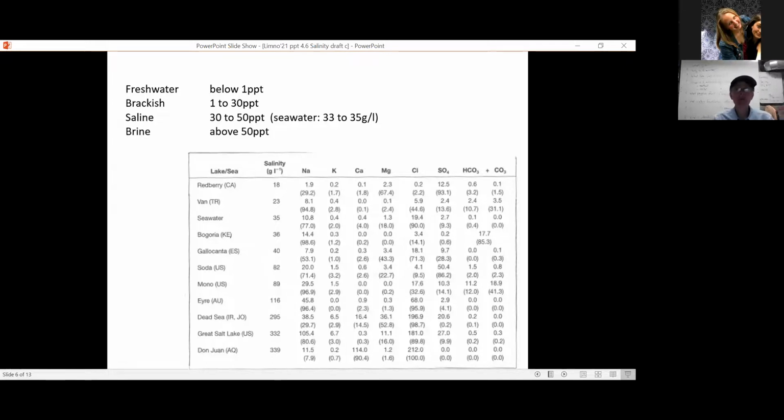Let's look at some lakes and let's see, what's our question? How does it vary? I think we've mentioned how it is measured, right? Milligrams per liter. If you assume that a liter of water weighs 1,000 grams, if 1 liter of water weighs 1 kilogram, then you can translate grams per liter into parts per thousand, PPT.